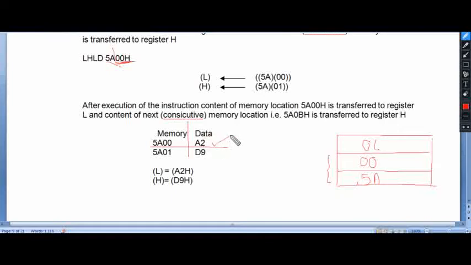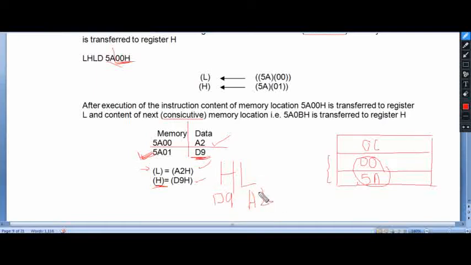What is present? The number A2 is present. That number A2 goes to register L. And whatever number is in the next consecutive memory location 5A01, that number is D9, and D9 is transferred to register H. That means the second and third byte give the memory, the number from that memory goes to register L, and the number from the next consecutive memory location, D9, goes to register H. That means the content of register H and L becomes D9 A2.